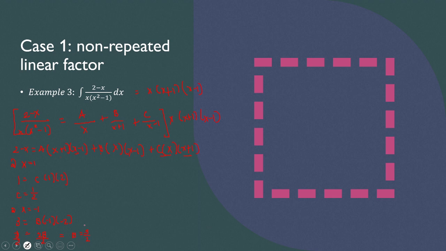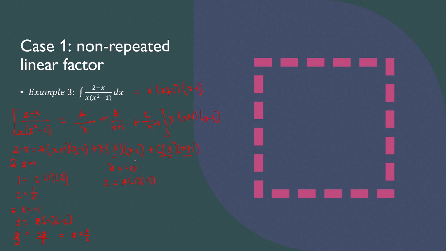Now we still need to find our a. How do we find a? We're going to let x be 0. If we let x be 0, then a and c vanish. So at x equals 0, 2 minus 0 is 2, which is equal to a times x plus 1 times x minus 1. 0 plus 1 is 1, and 0 minus 1 is negative 1.